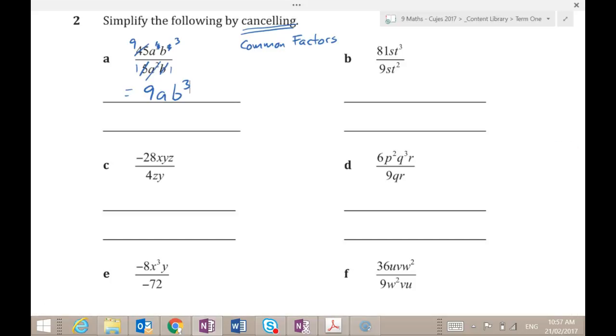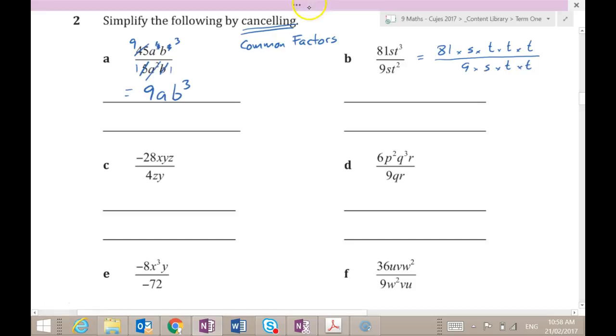I'll show you the same thing for the next one, except what I'll do before we multiply it is I'll write it out in what they call expanded form. For some of you, if you are having trouble just looking at the number using the index, you can always do it this way. For some people, this makes the cancelling easier. So where I have a T and a T, that's the same as multiplying by 1, isn't it? T divided by T, that's like 1. T divided by T, well, they can go to 1 as well.